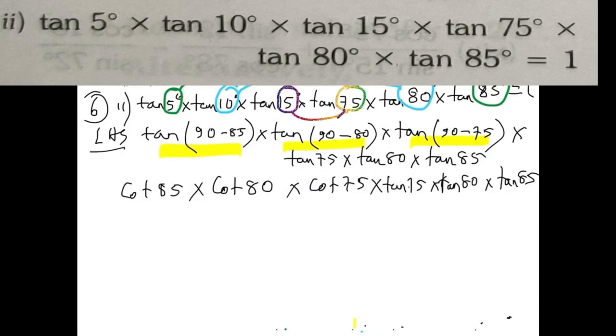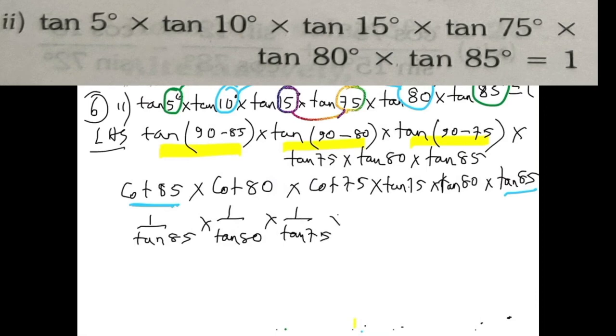Alright, you know that cot is the reciprocal of tan. You can see cot 85 and tan 85, so I think I can cancel them because cot can be written as 1 by tan. So this cot 85 I'll write as 1 by tan 85, because cot and tan are reciprocal to each other. Similarly, the second cot 80 also I'll write as 1 by tan 80, and this cot 75 also as 1 by tan 75, and the other three are already tan 75, tan 80, tan 85.